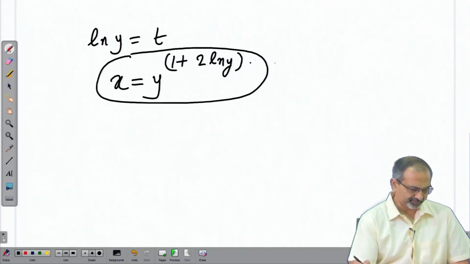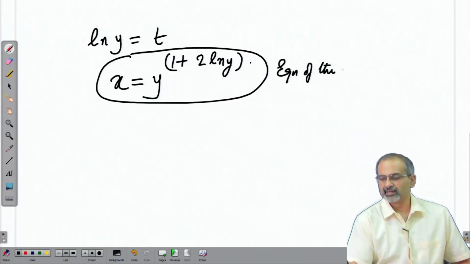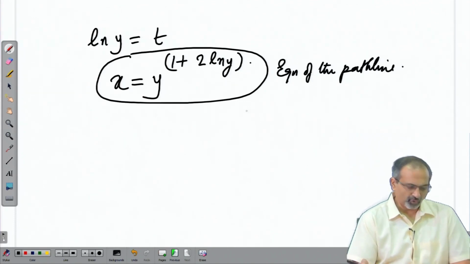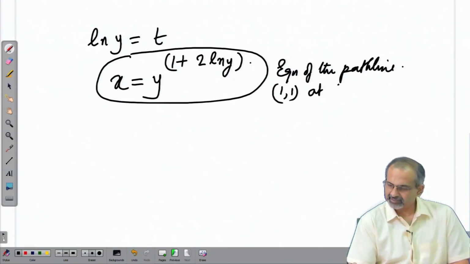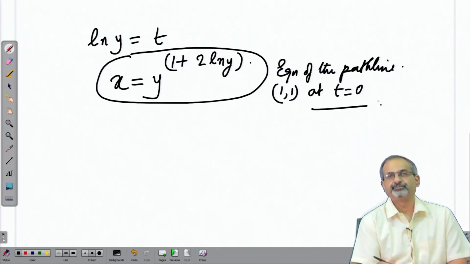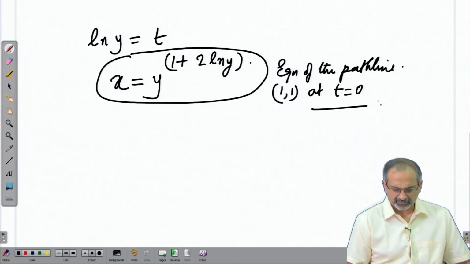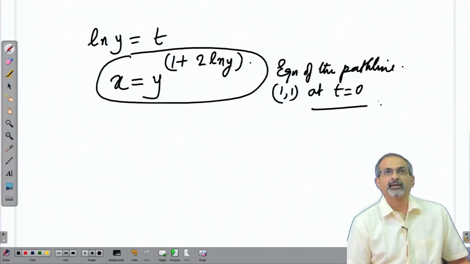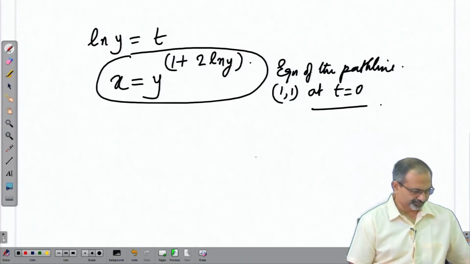This is basically the equation of the path line followed by the fluid particle as it crosses the point (1, 1) at t equal to 0. While the previous form, if you remember, was a parametric form where other values of t could be substituted.